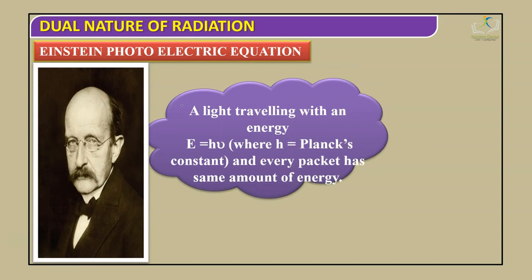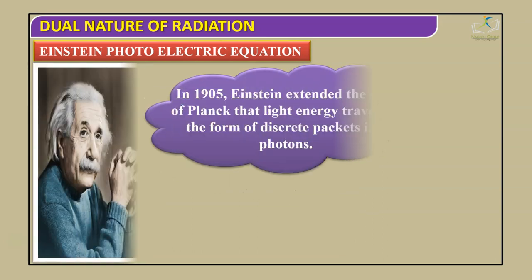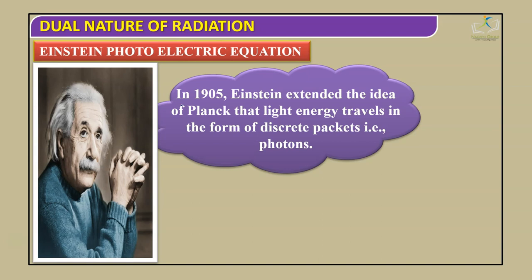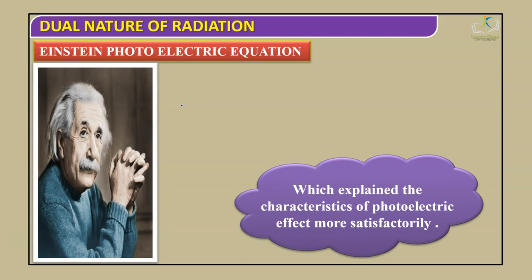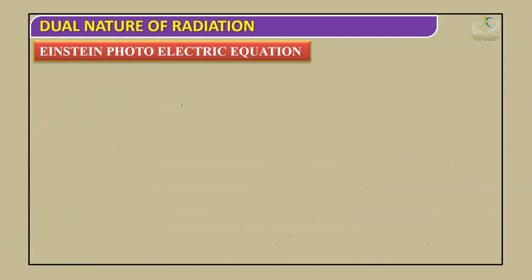Light energy travels with energy E equals h nu, where h equals Planck constant, and every packet has the same amount of energy. But in 1905, Einstein extended the idea of Planck, that light energy travels in the form of discrete packets of photons, which explains the characteristics of photoelectric effect more satisfactorily.